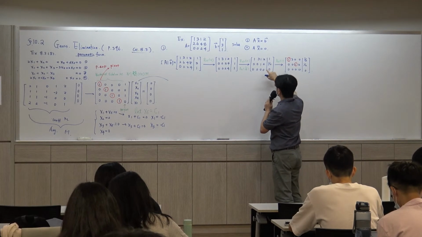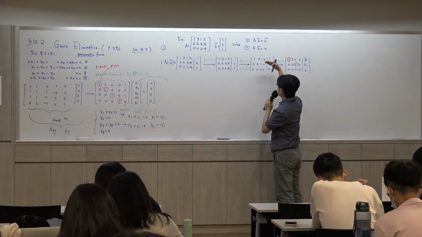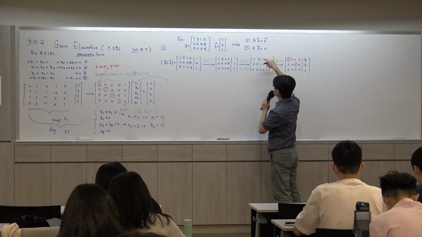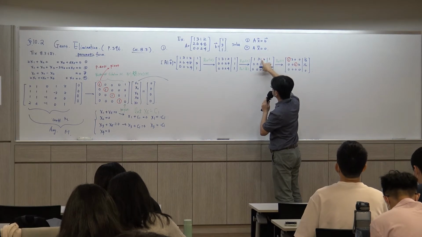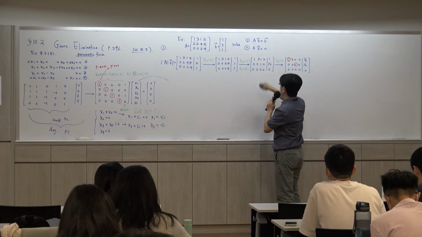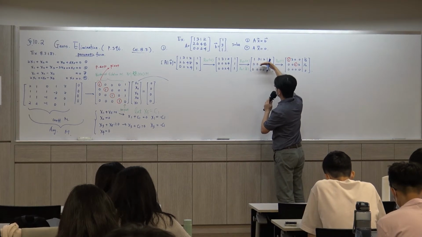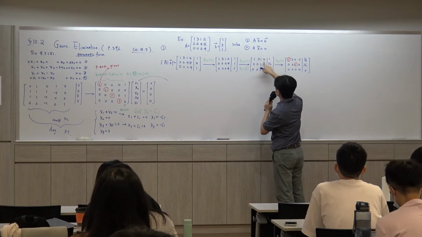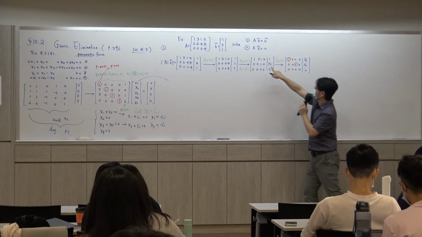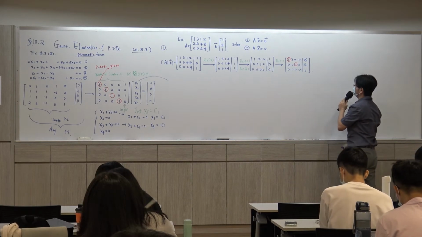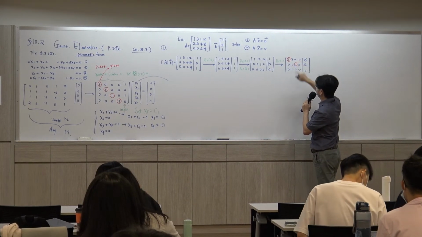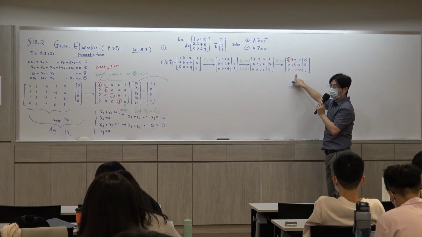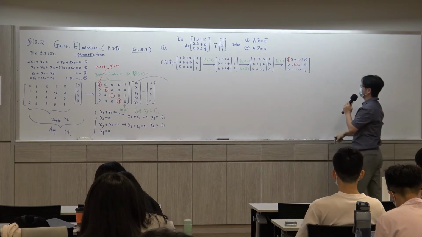So for this reason, we need to let the second row times minus 1 and plus the first row to cancel the element of 1. So we can create the 0 with this operation. So this is a reduced echelon matrix here, right?